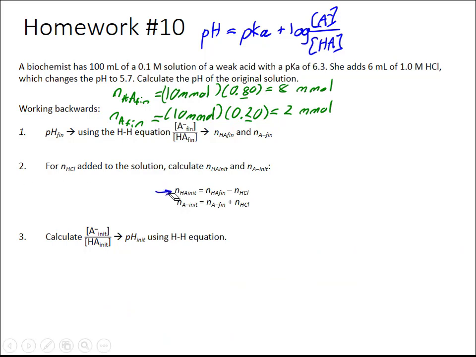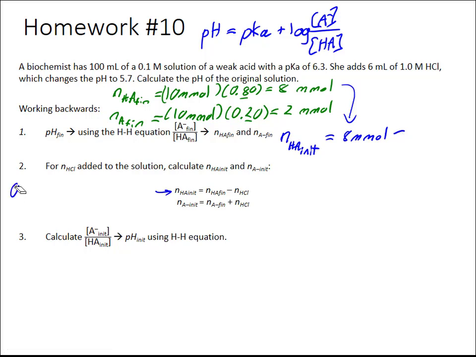Using this relationship, the amount of initial conjugate acid is the final conjugate acid we just calculated, 8 millimoles, minus the amount of HCl that was added. How much HCl was added?